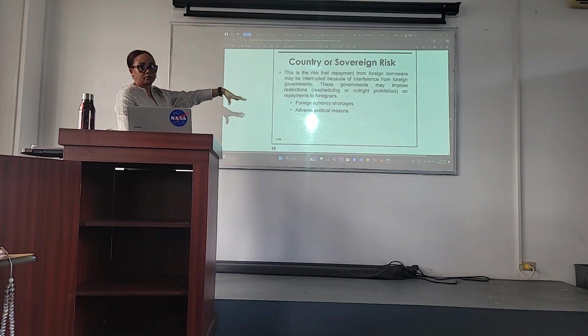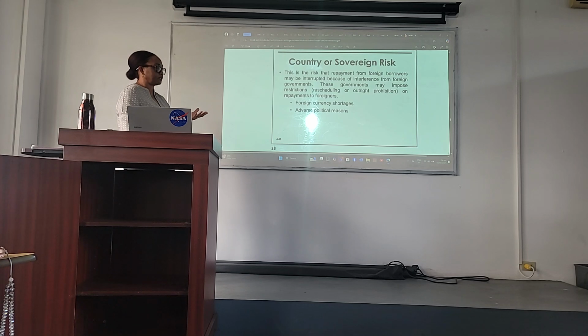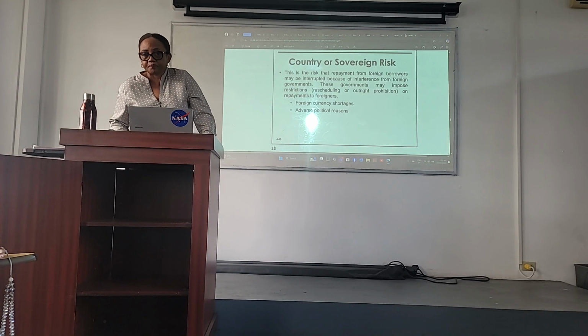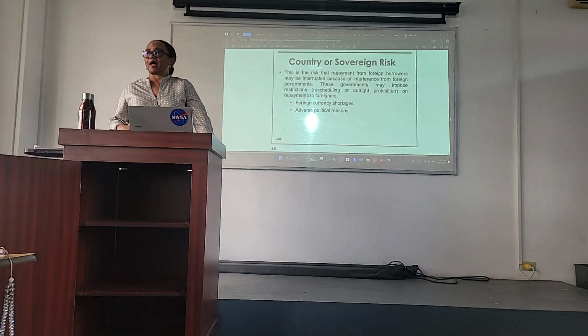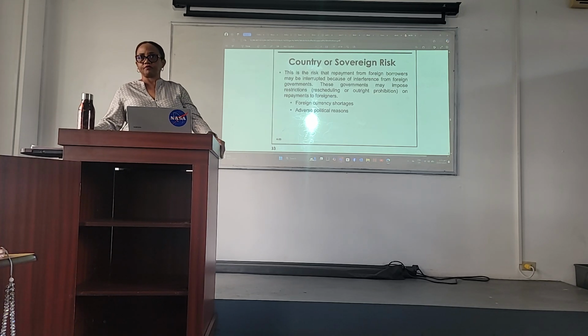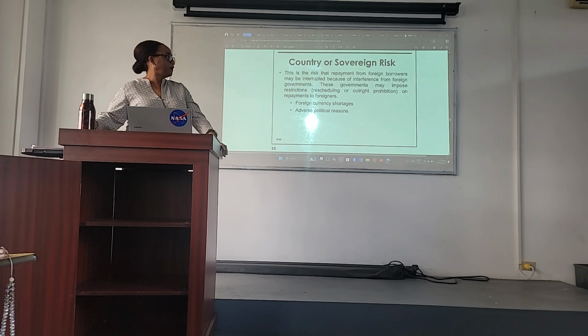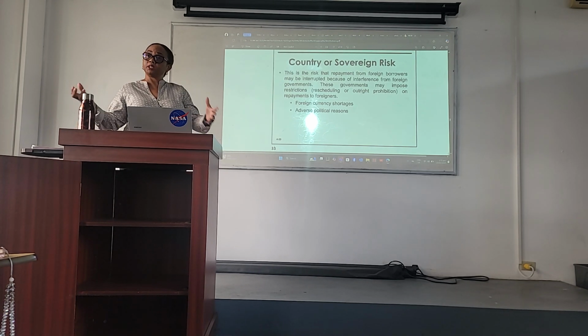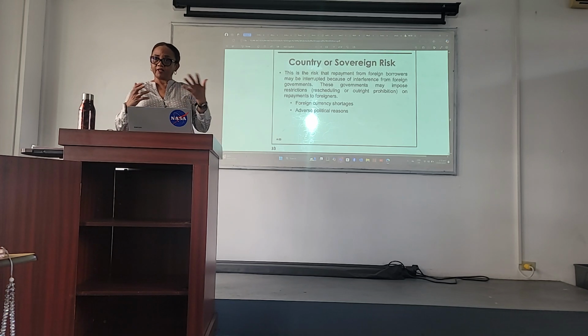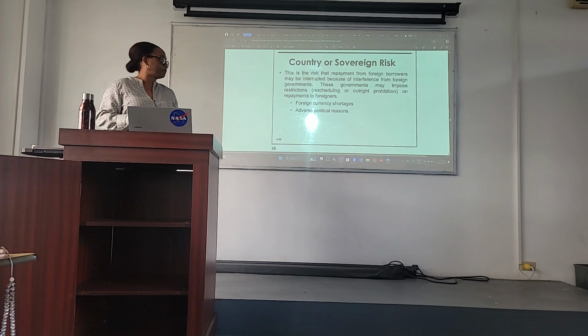The country, let's say the Bank of England, because it has a change in the political environment, may say, you need to pay a tax on monies going out of England, right? If you have to pay a tax on monies going out of England, the person has to find more money to pay its bill, to pay the loan. If you have to find more money to pay the loan, it means you have less money available to pay. So you may default, or you may pay less than you are supposed to pay.